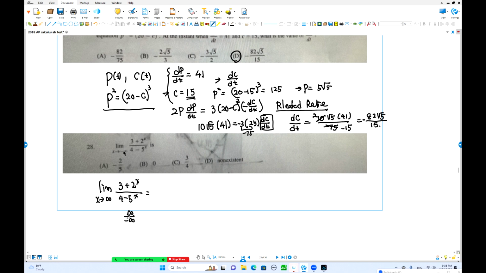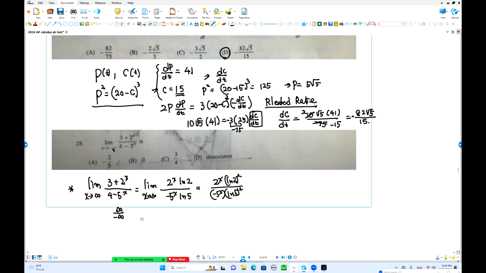This is familiar, right? It's a ratio, so we can apply L'Hopital's rule. Apply the rule there. The derivative of 2 to the x is not e, the base number is different, so we always multiply by ln 2. In the denominator, 5 to the x, this is ln 5.